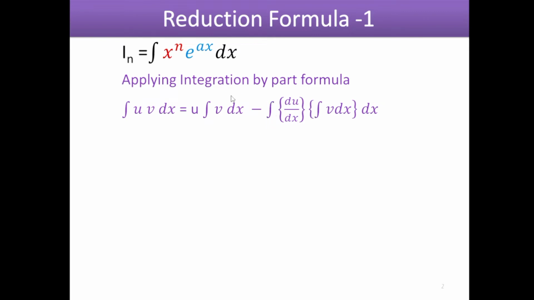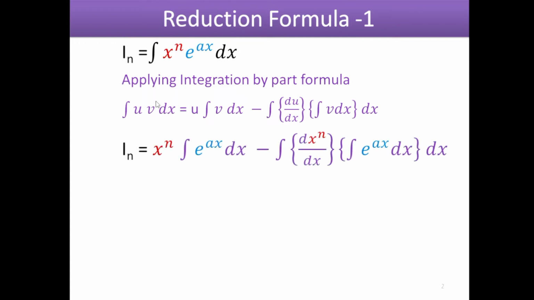By applying this by parts formula to our question, the product of two functions, we get the first function multiplied by the integration of the second function, minus the integration of the product of the derivative of the first function and the integration of the second function.